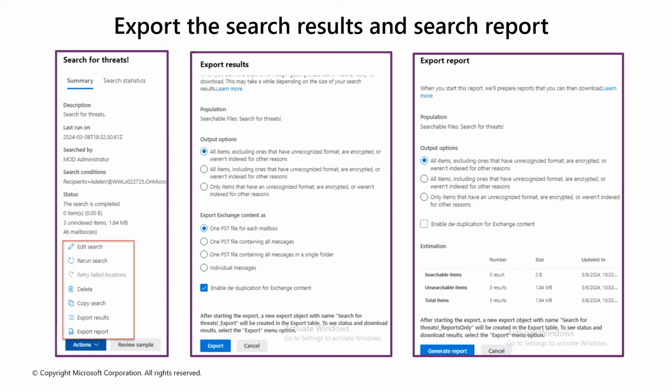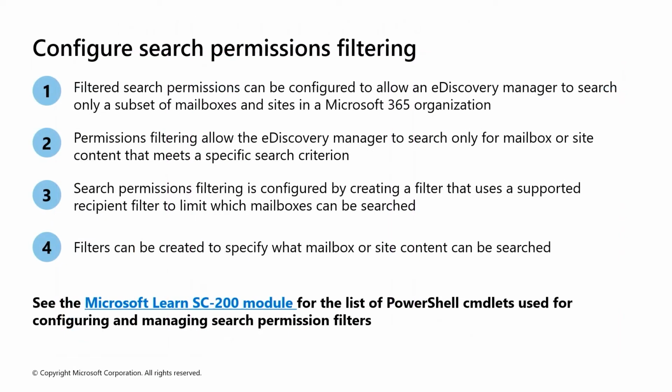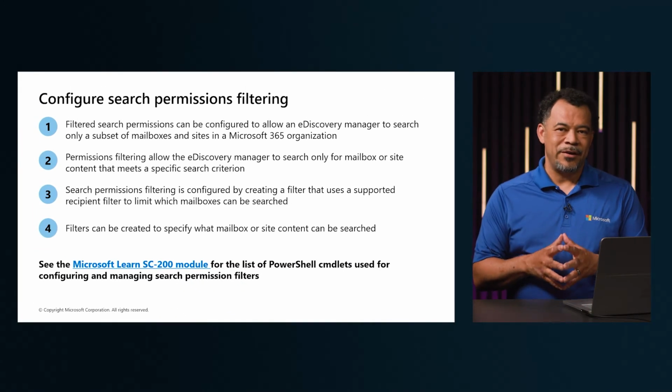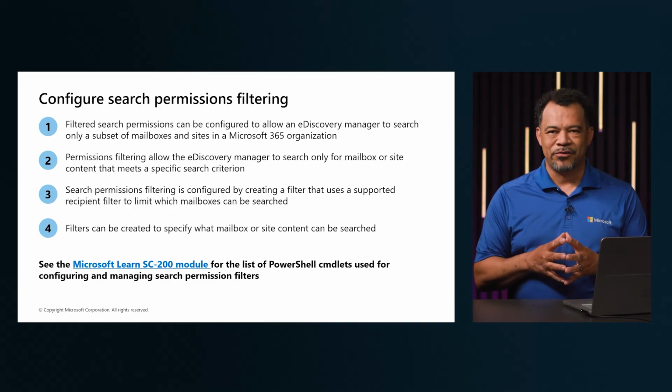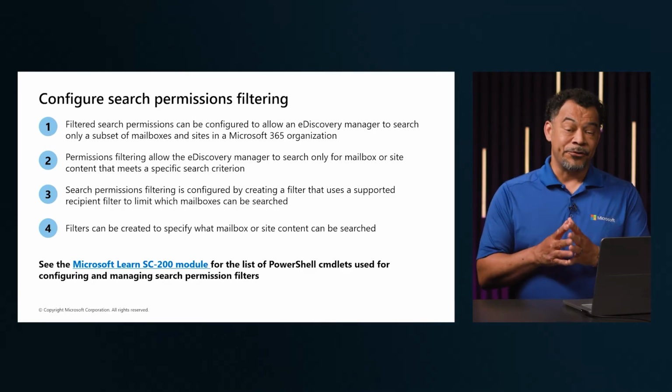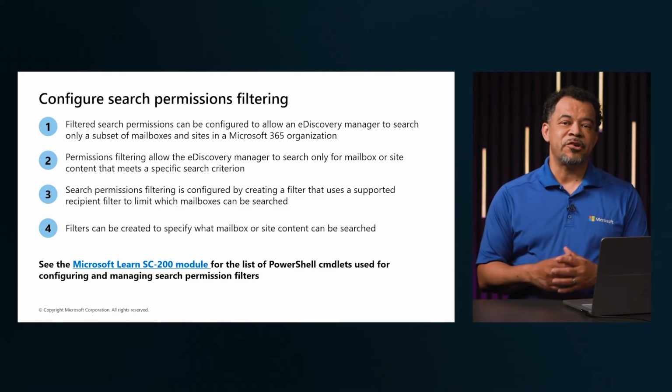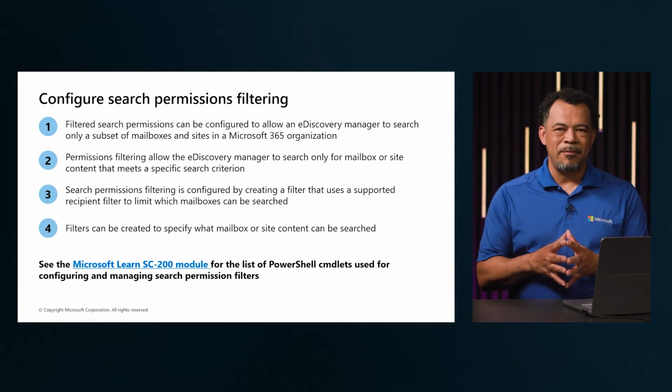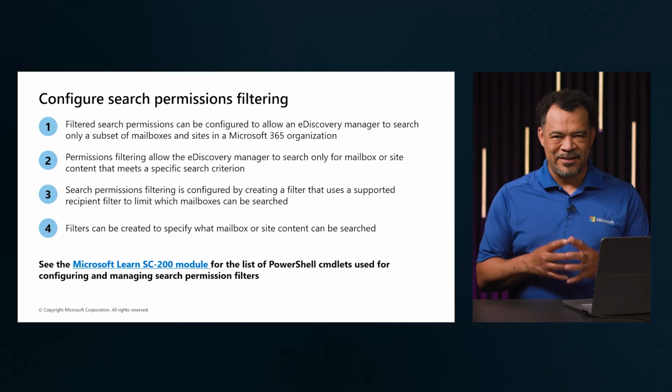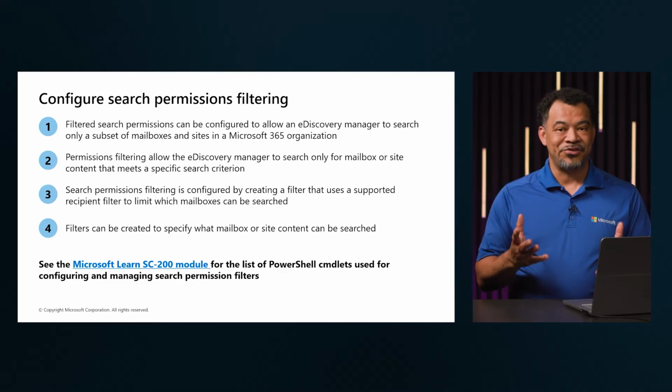Let's talk about search permission filtering in Microsoft 365, which is a really important feature for organizations that need to control who can search for what. What you're seeing here is a breakdown of how this works, especially in the context of eDiscovery. First, you can configure filtered search permissions so that an eDiscovery manager can only search a specific subset of mailboxes or sites.